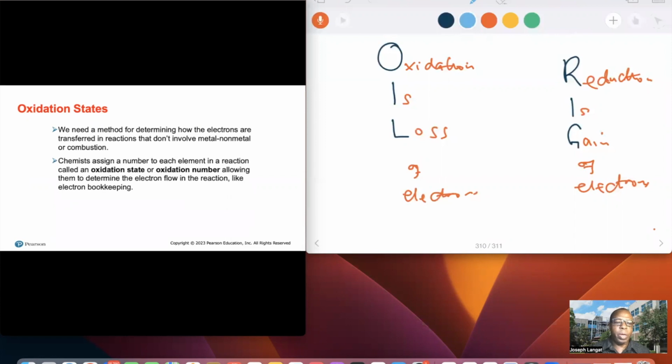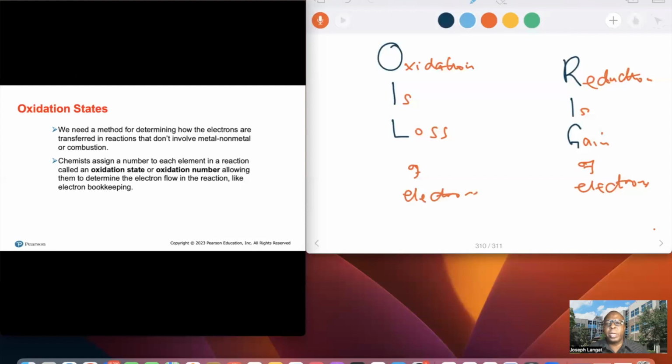So we will look at how to determine the oxidation numbers. And remember, chemists assign those numbers to each element in a reaction. You may have a compound, but you need to assign to each element in that compound what we call an oxidation number. It has nothing to do with the periodic table.